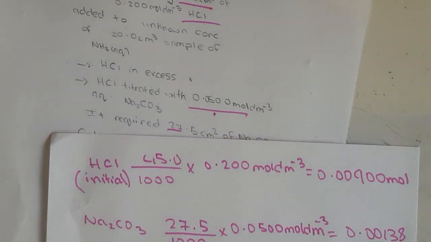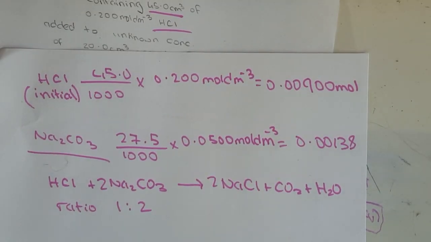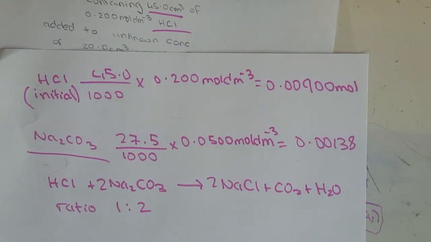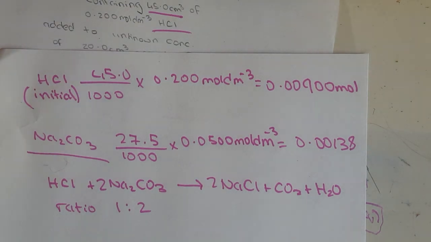Using this information, we now need the reaction, the stoichiometric ratio between this and the HCl, because you're reacting the excess HCl with the sodium carbonate, since you want to get the leftover. We already calculated the initial. You want to get the leftover hydrochloric acid in order to get the moles of ammonia.